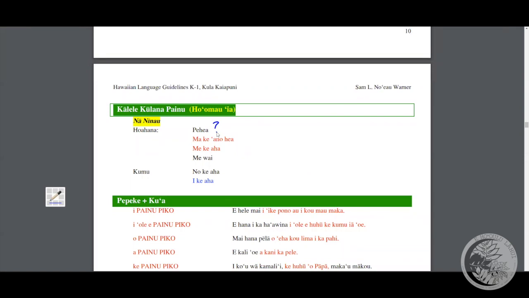Or something like, in what way? Make anohea, in what kind of way, what kind of capacity, in what way? Me kiaha, with what? Me kialoha. Me vai, with whom? So these are four very basic ways of asking something that's related to the question of how something occurs.